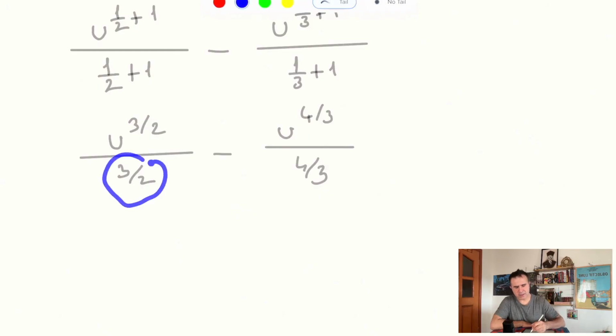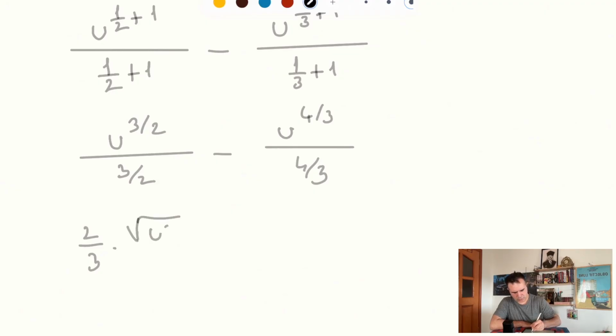Here we will take the reciprocal of 3/2 and multiply by 2/3, as u to the power of 3/2 is the square root of u cubed, minus, and here we will take the reciprocal of this, 3/4, times u to the power of 4/3, which is the cube root of u to the power of 4.